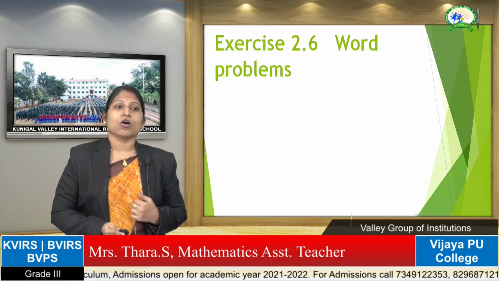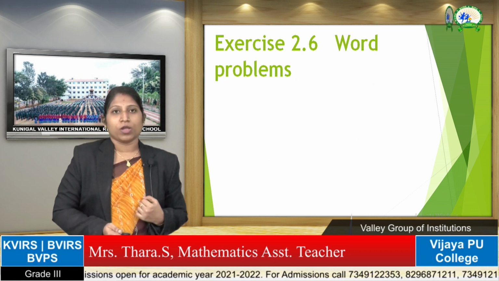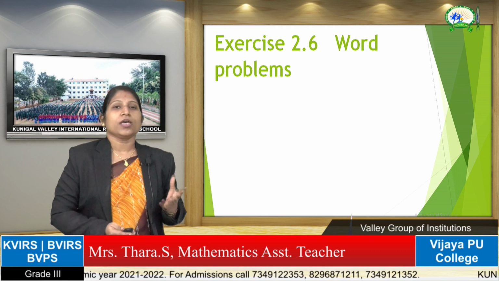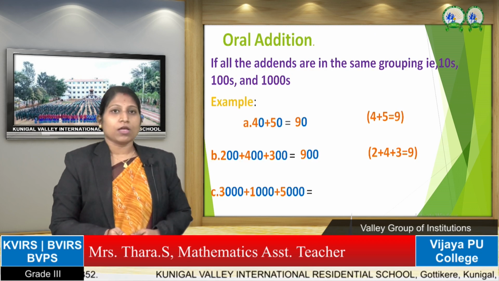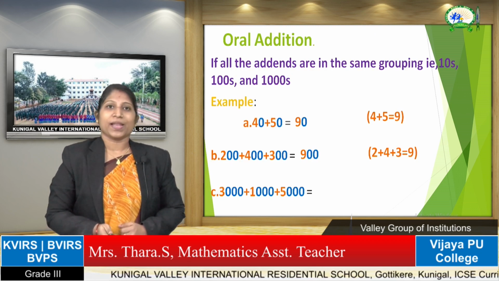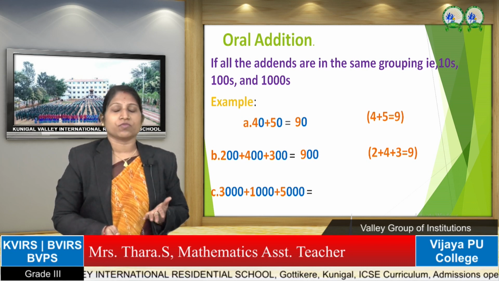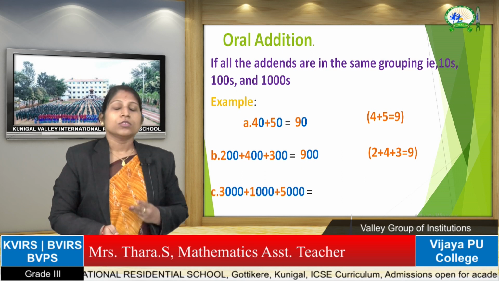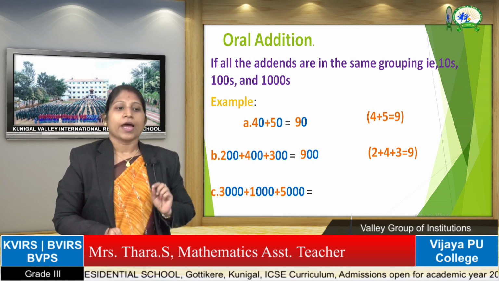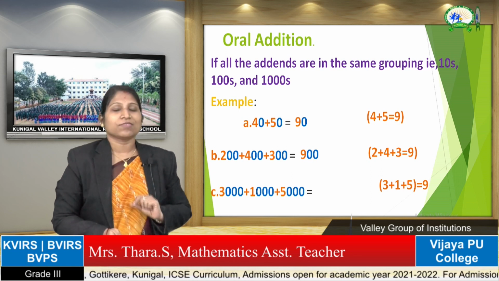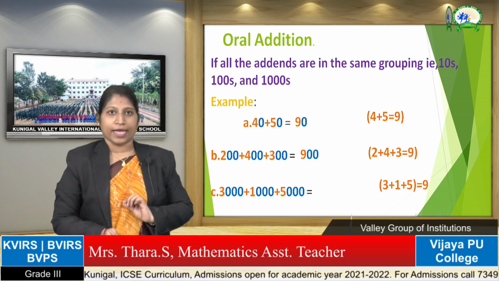Okay, the next concept is word problems about addition. Here is the next example, 3000 plus 1000 plus 5000. How many zeros do we have in the thousands? 3 zeros. So first write down 3 zeros and 3 plus 1 plus 5 equals what? 3 plus 1, 4, 4 plus 5, 9.